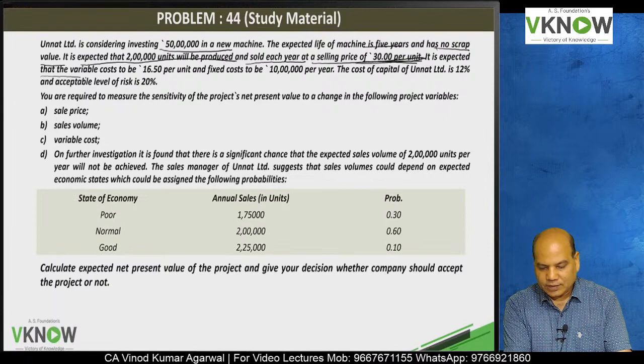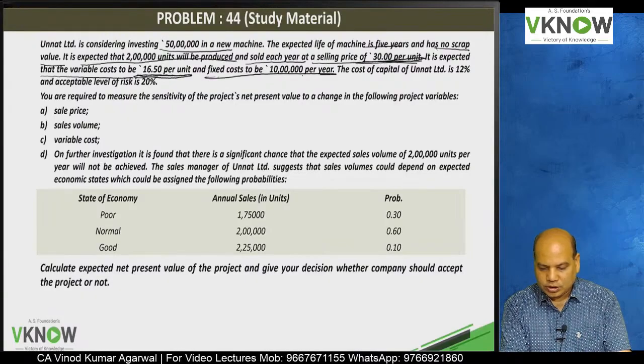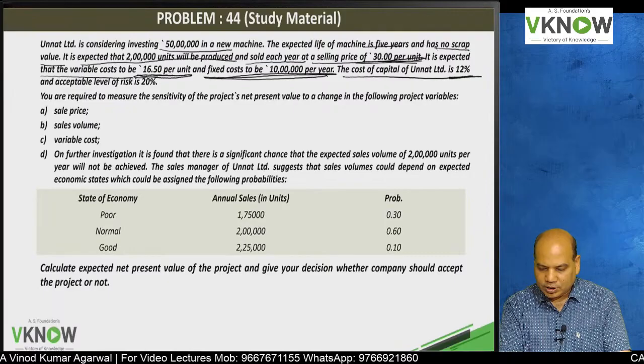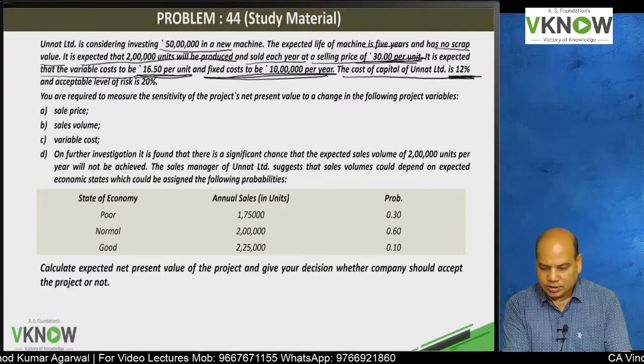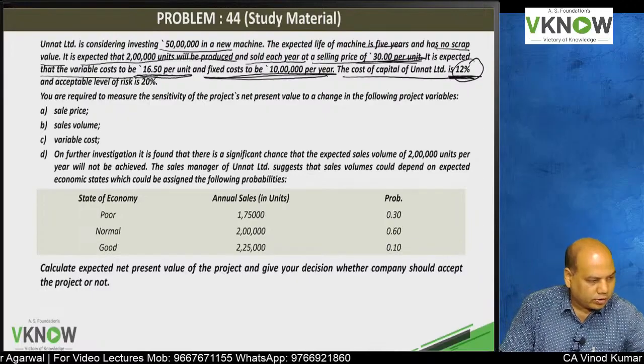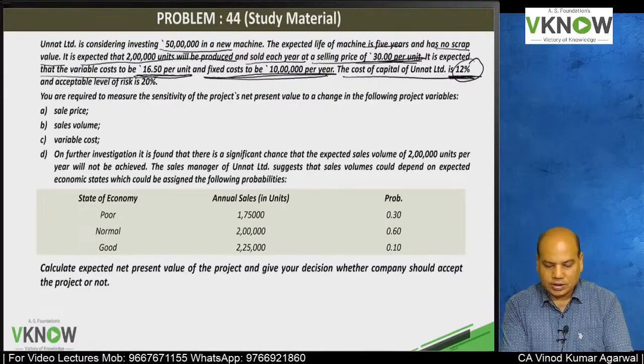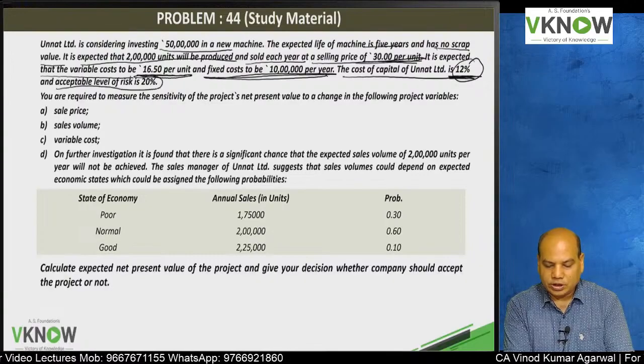It is expected that variable cost will be 16.50 per unit. Fixed cost is 10 lakh per year. The cost of capital is 12%. So this is going to be my discount rate. Cost of capital is 12%. An acceptable level of risk is 20%.